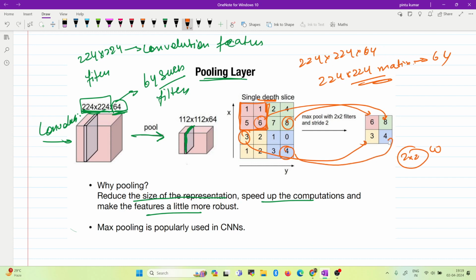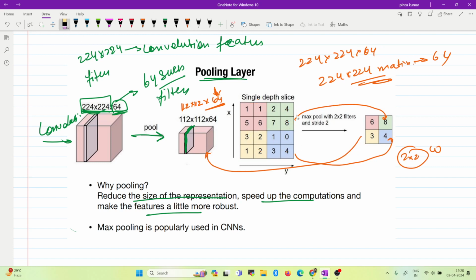And you replace your existing feature by this pooled feature. So from 224, if you do it this way, you will obtain 112 cross 112 cross 64, because you are doing it for every one of the 64 channels. This was with stride 2.